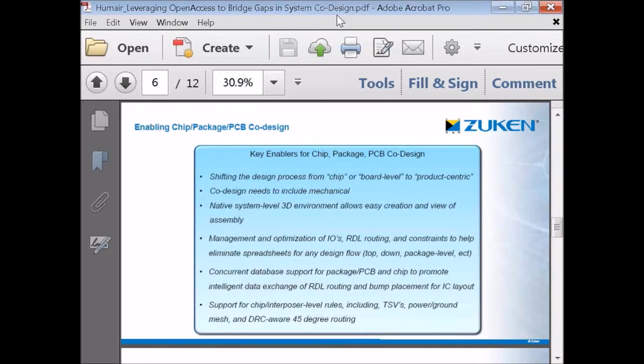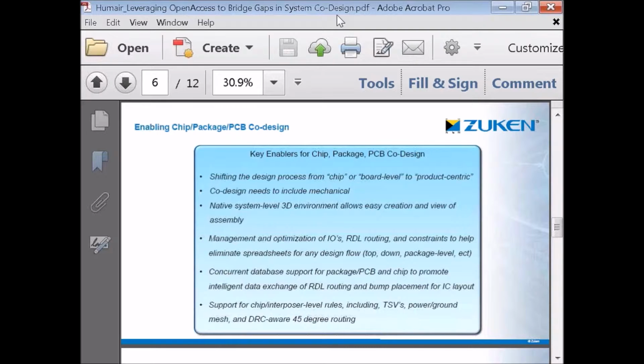And also, again, having a native 3D environment and 3D design element viewing is key for being able to visualize the full system. And when we talk about bridging, as we know, the database structures between what's in a package or a board are just way different from what's on the chip side.